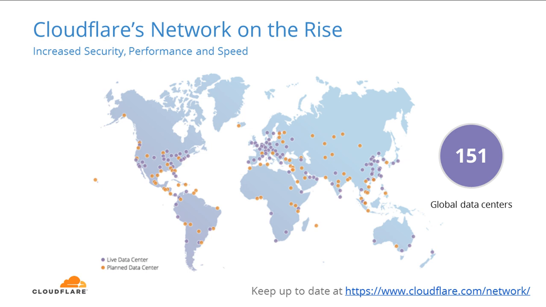So we now have 151 POPs, or small data centers, around the world. We have a lot more planned to come this year. We did a massive expansion through March, and we're going to do a lot more this year, including a few down in the Oceania region, Australia and New Zealand, a lot up through Southeast Asia, and then a lot more scattered all over the world.